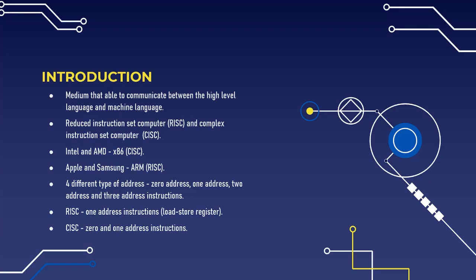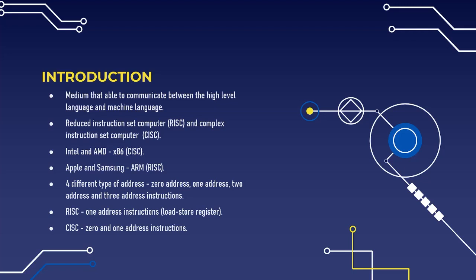Next, you can find two major companies also for the RISC architecture, which are Apple and Samsung. They are using the ARM architecture for their processors, such as Bionic A13 or an Exynos 2200.